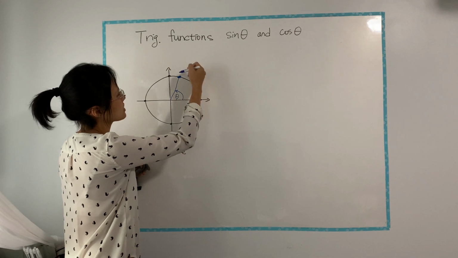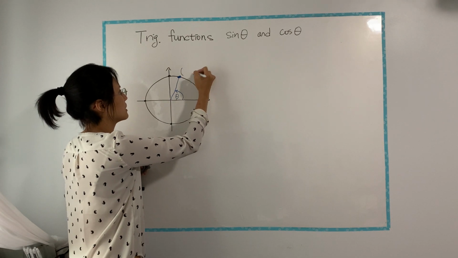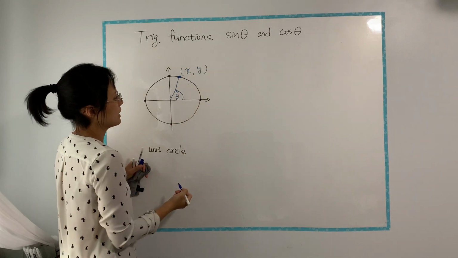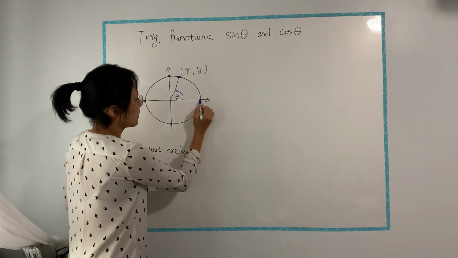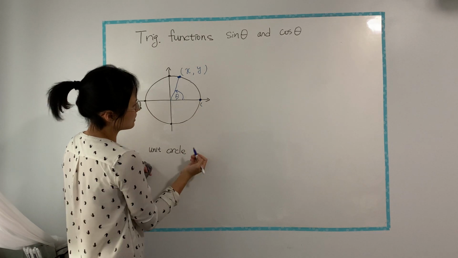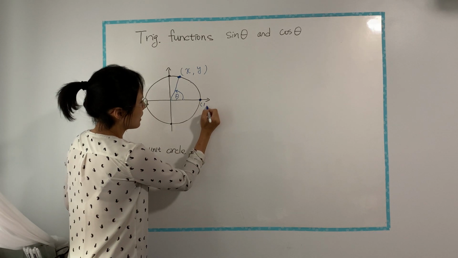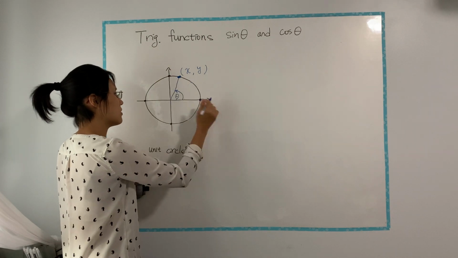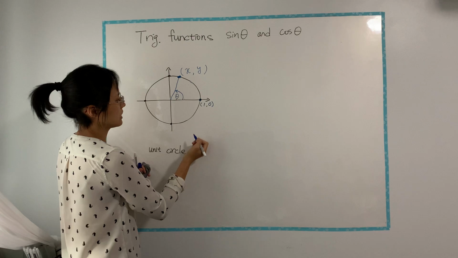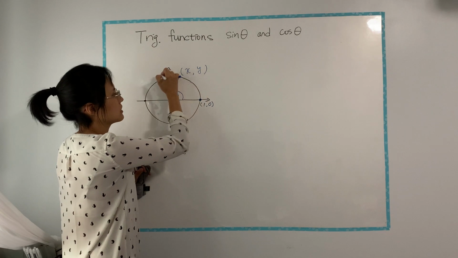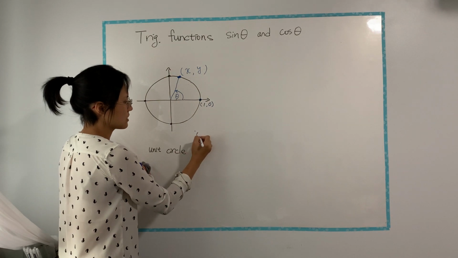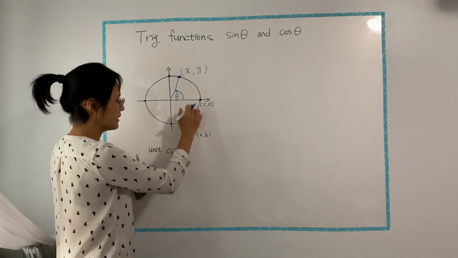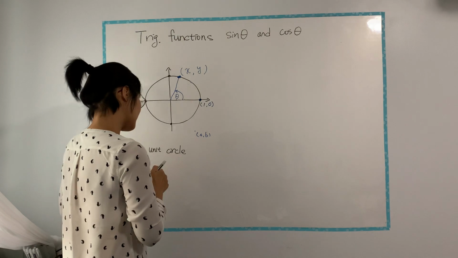It's a point on the xy plane, so this point has coordinates x and y. So for example, this point has coordinates how many? 1 in the x coordinate, 0 because it has no height in the y coordinate, right? So any point on the plane has an xy coordinate to say where this point is.